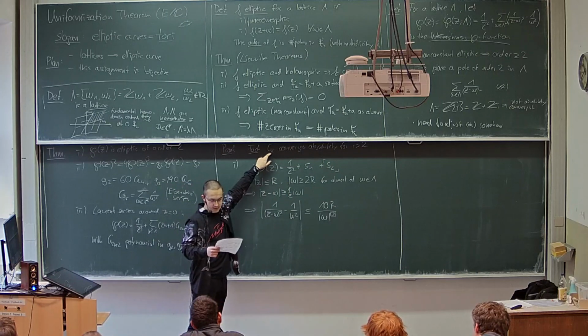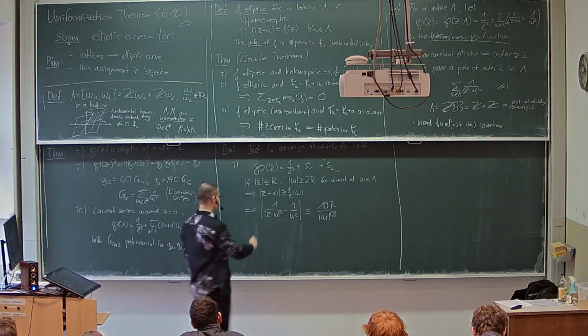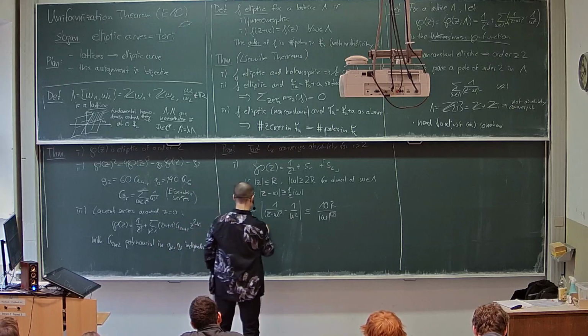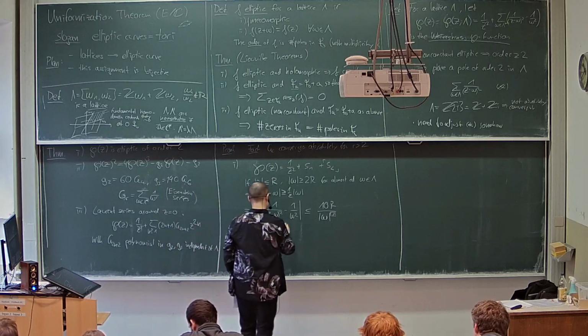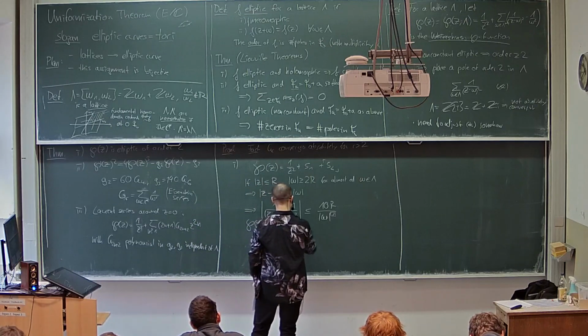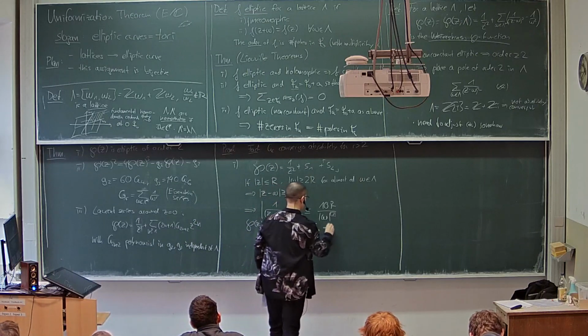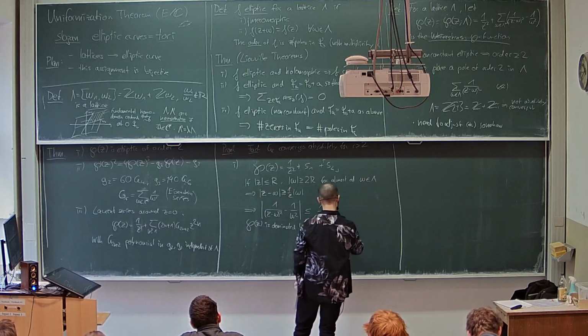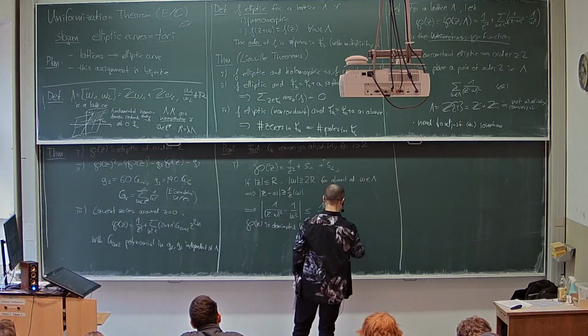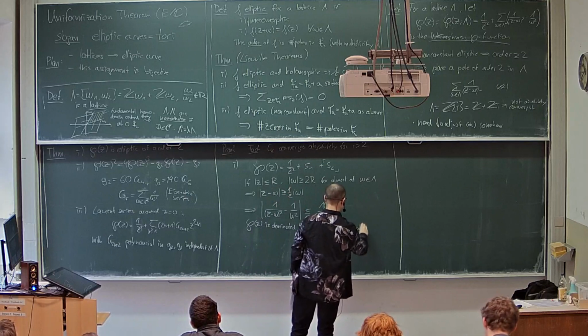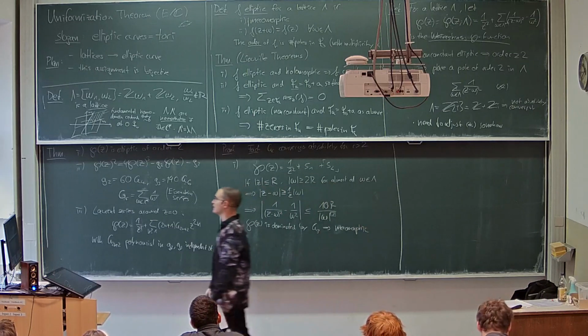And hence we get that P of X is dominated by G3, hence meromorphic. So yeah, we get that.